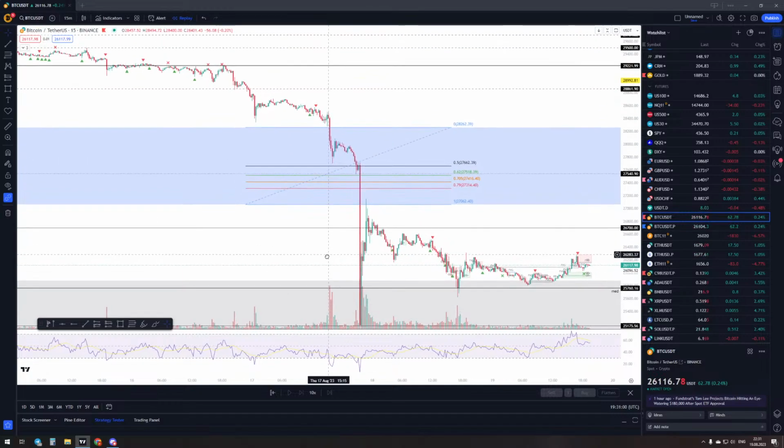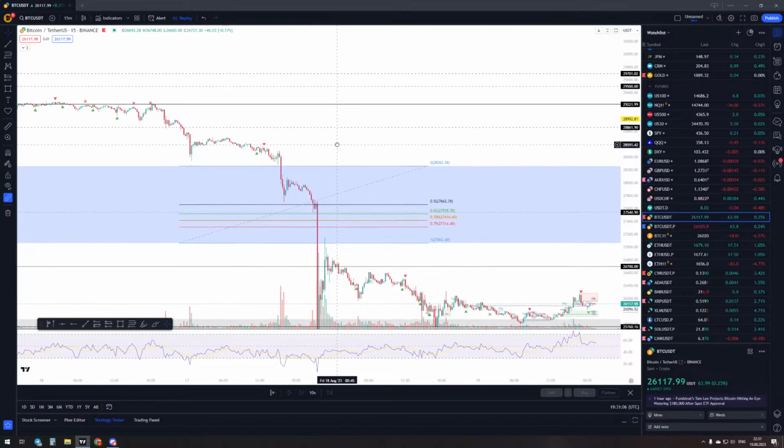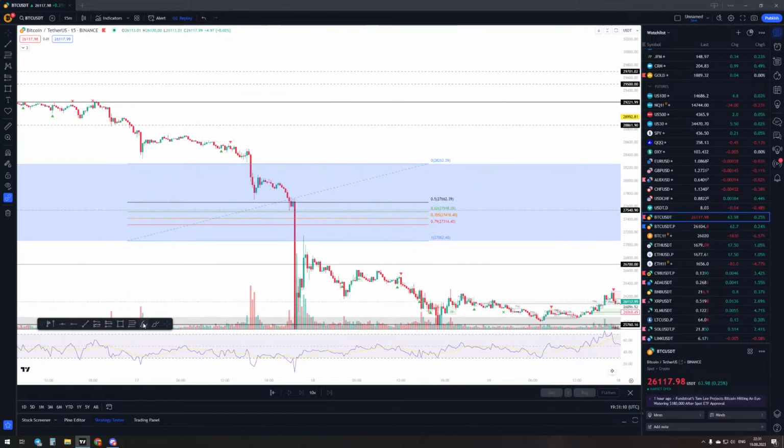Anyway, what I could have done is just wait for confirmation again. Because when I see something like this, it's bullish to me, because we build liquidity.